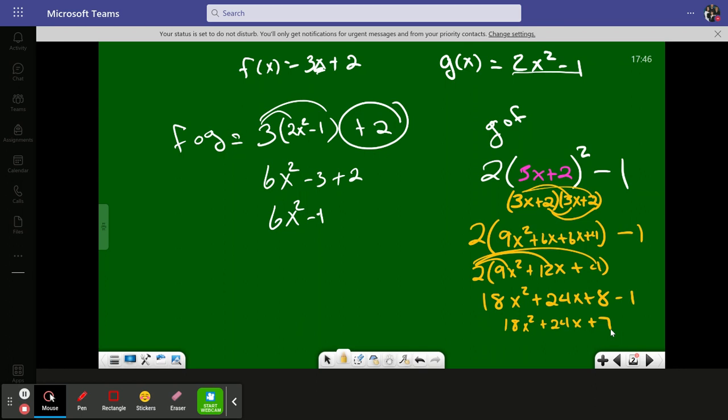So I've got 18x squared plus 24x plus 7. Kinda yes? No. Okay, let's try another one. What if f of x is 3x minus 2, and g of x is x squared plus 8?